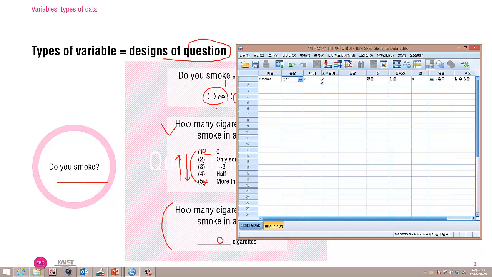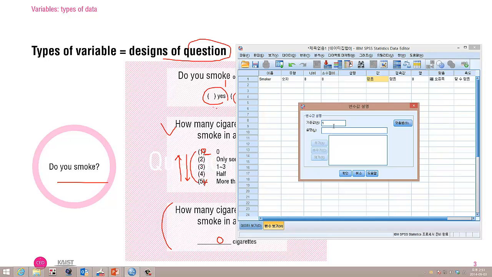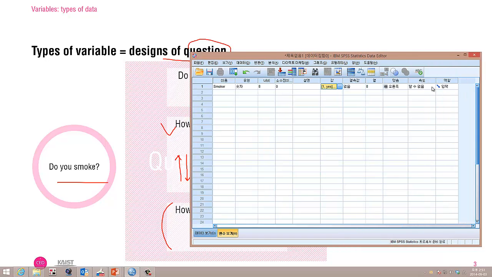So it's a number, and I don't need any decimal points. And if I put 1, then yes, add, and 2, no, and add. And here is scale, and it's nominal. So as this diagram implies, each answer belongs to a different category.